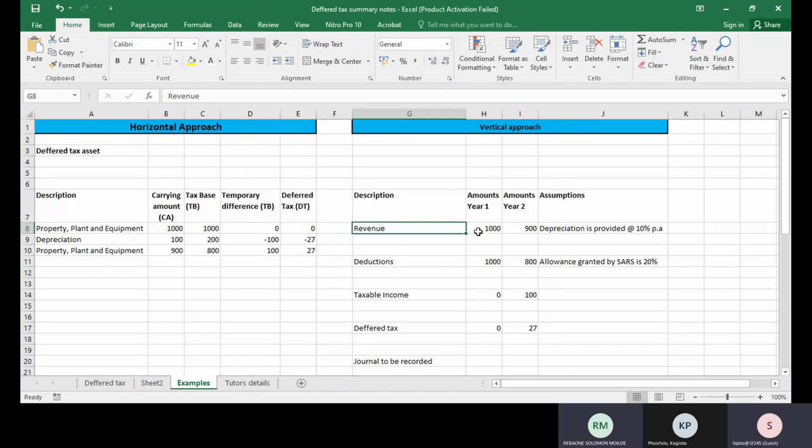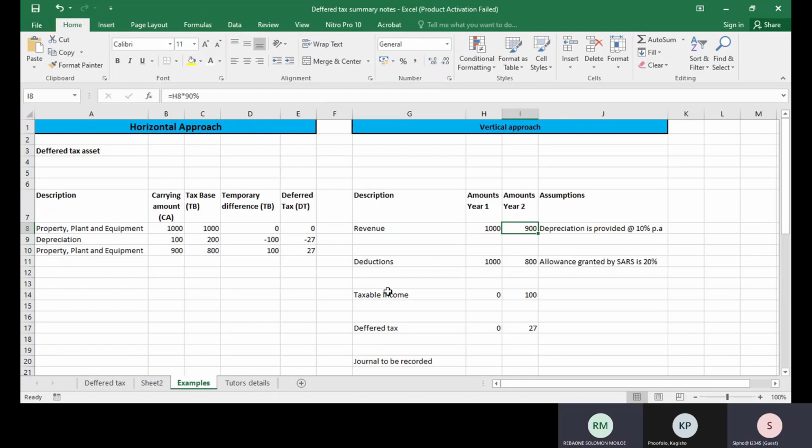Because every year you're going to sell milk, and you're going to generate a revenue of 100 rand every year. So hence I put it in a vertical format, because this is basically revenue of 1,000. And then every year, obviously, it goes down.